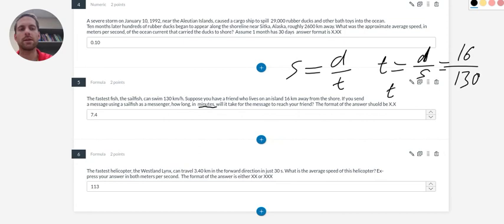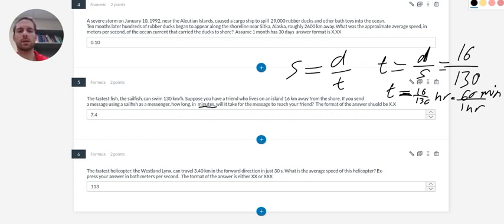But that's a time in hours. We want to make that in minutes. So 1 hour is of course 60 minutes. So if we do 16 times 60 over 130, we should get close to 7.4. Let's see what we get. 16 times 60 divided by 130.